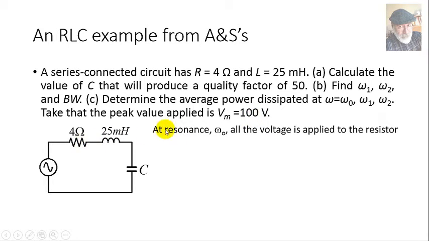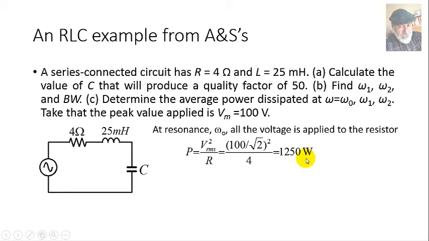We compute that power as V squared over R. What V? The RMS value of V. The square of the RMS value divided by R. And the RMS value is the peak value 100 divided by root 2. Square it, divide by 4. 1,250 watts. That is the average power dissipated by the circuit at the resonant frequency.